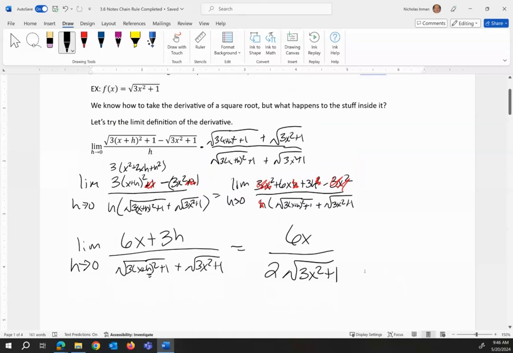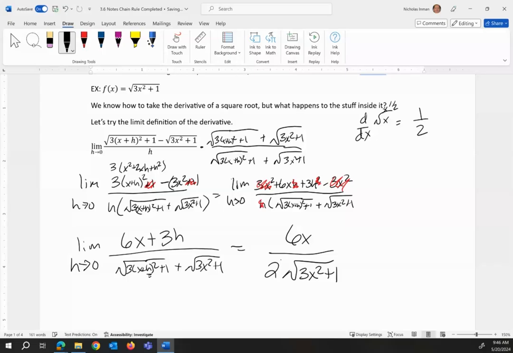So we can do it. It definitely takes a lot of work to do the derivative of a function inside of a function using the limit definition. But when I look at this, I start to recognize a couple things. First off, the derivative of just a square root, we have learned that's x to the 1/2 power.